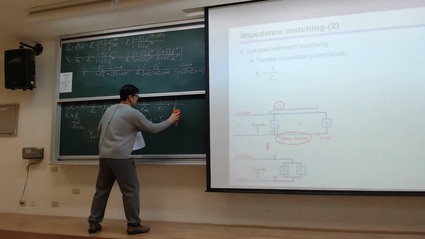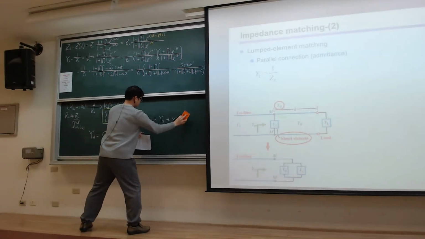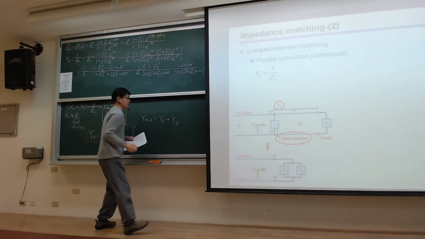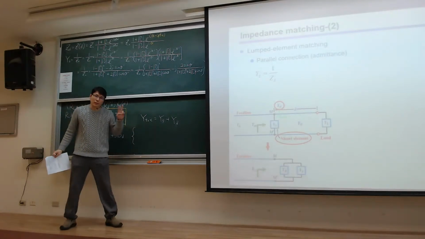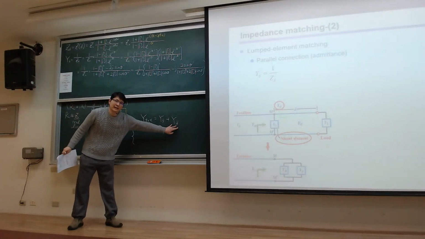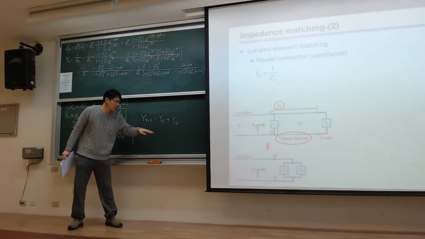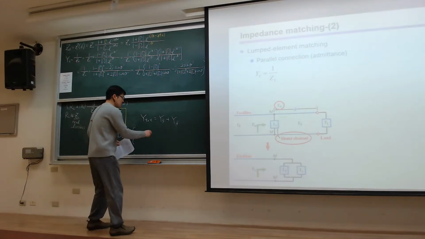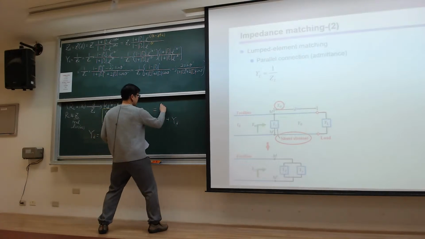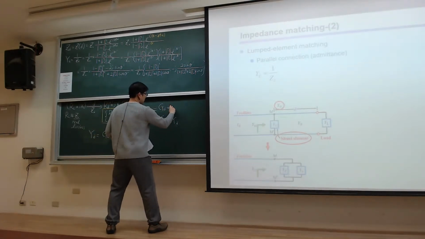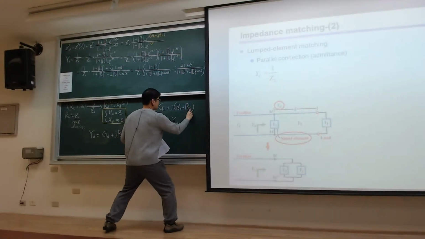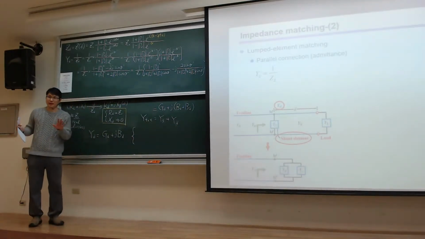What I'm trying to do is, Y_D is the admittance of the node plus a segment of transmission line. Then I want to connect something in parallel, which is purely imaginary. So this Y total would be G_D plus j, B_D plus B_S. Okay, clear?